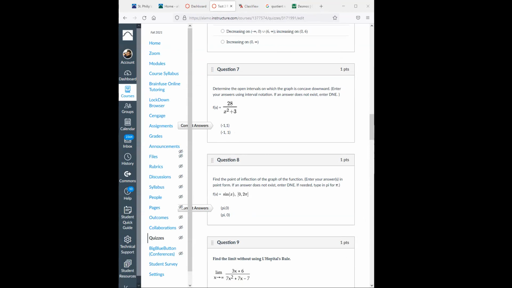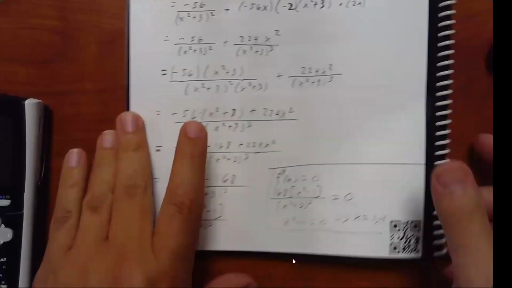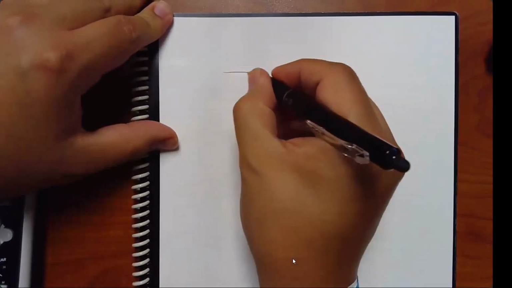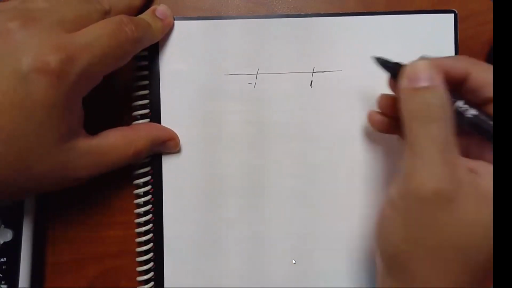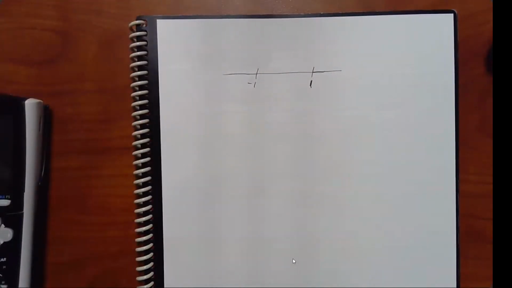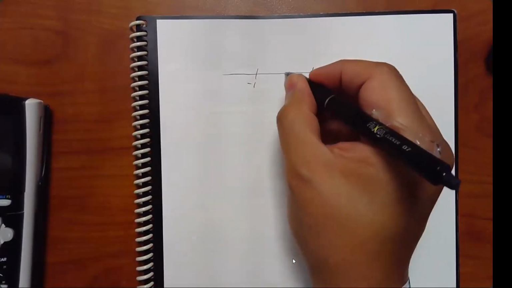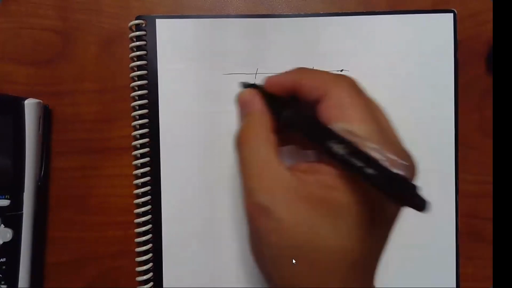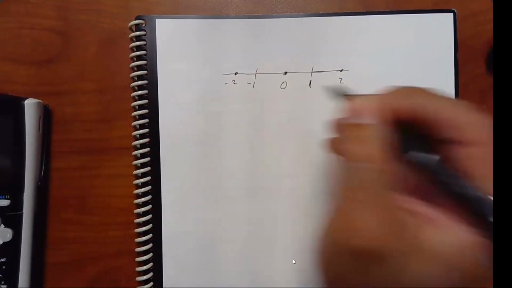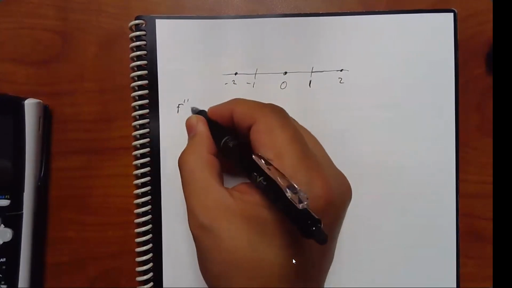But using derivatives, what we would have to do is test around the points, kind of like a second derivative test similar to the first derivative test. So I plug in a number here, which is 0, and a number over here, which is 2, -2, into the second derivative.